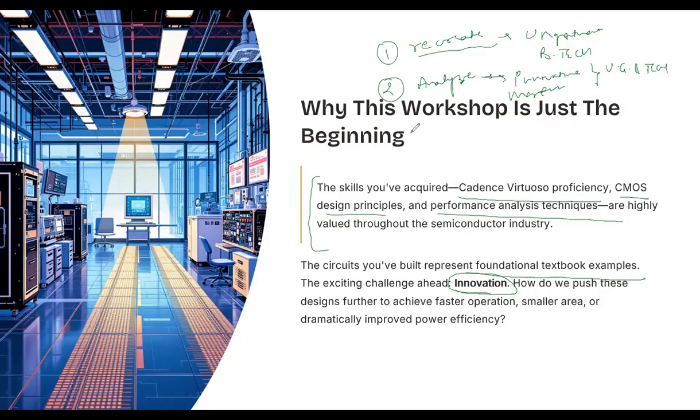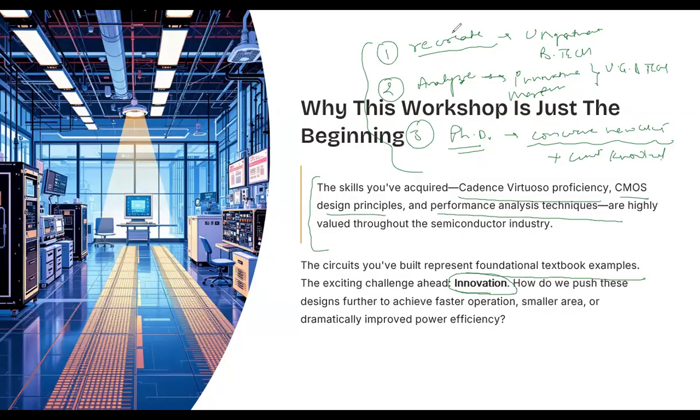Then if you are in the PhD, we ask you to conceive a new circuit and create something which actually adds to the current knowledge. So these are the three basic differences between the different levels.